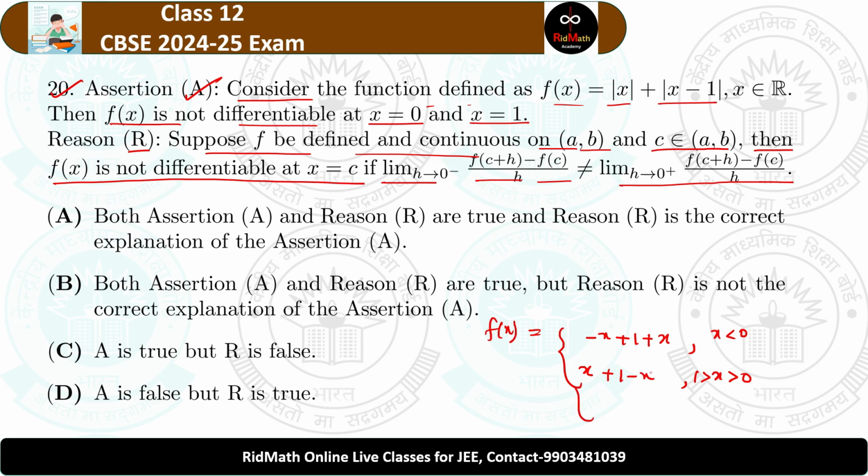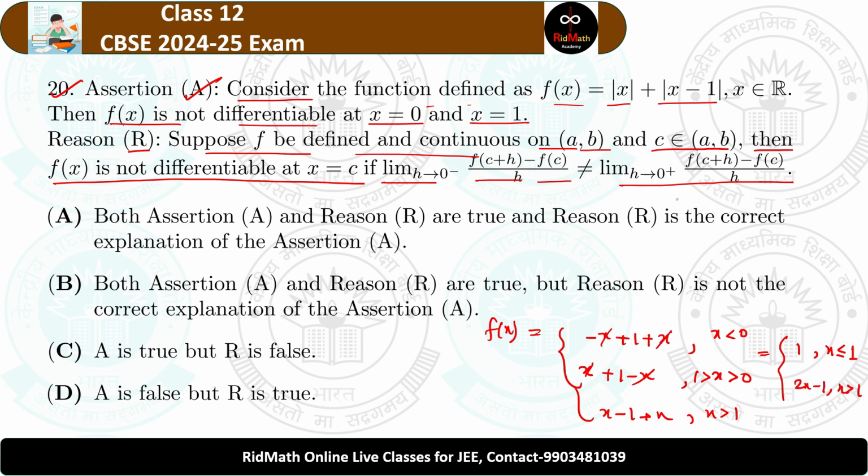So this is 1, x cancelled. Next, what about x greater than 1? This is x minus 1 plus x. So ultimately we are getting 1 when x is less than or equal to 1 and 2x minus 1 when x is greater than 1.